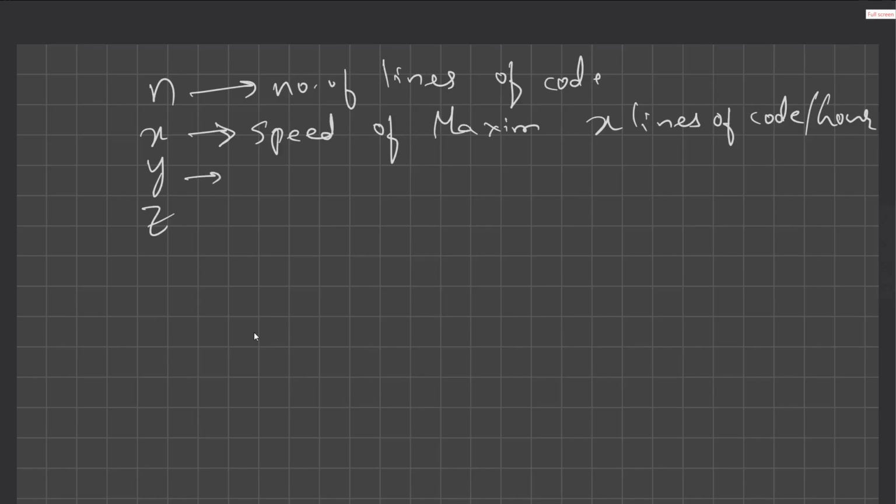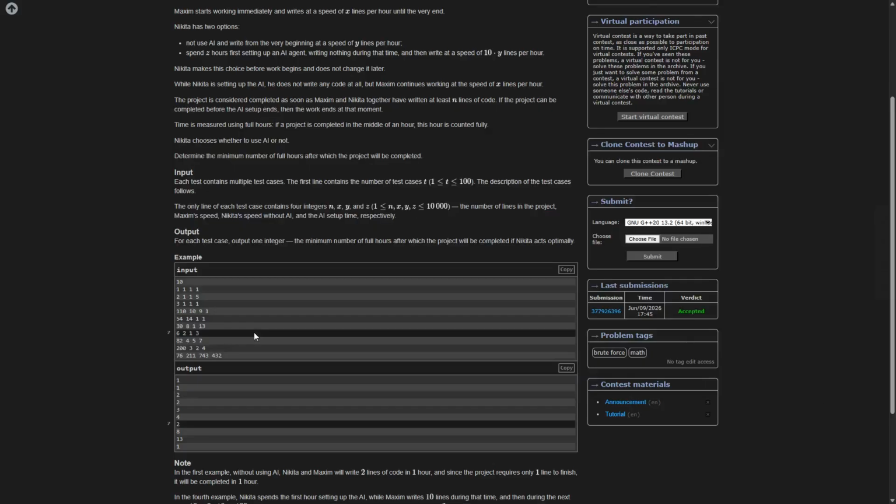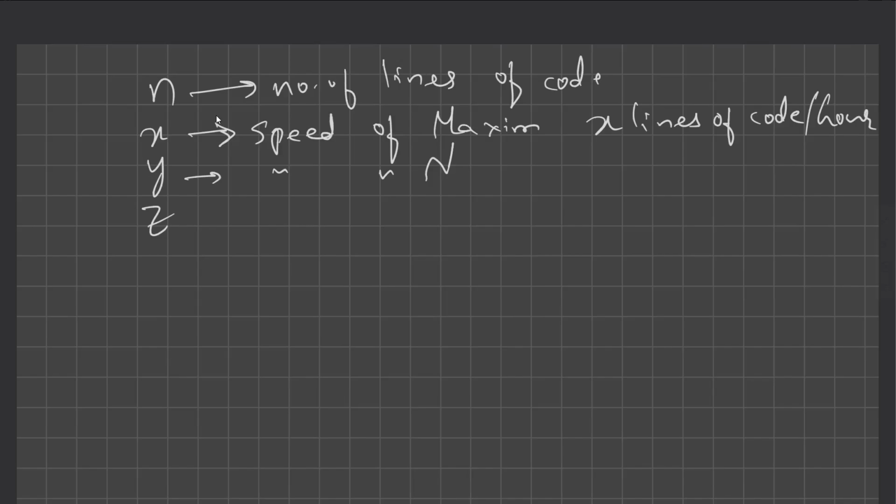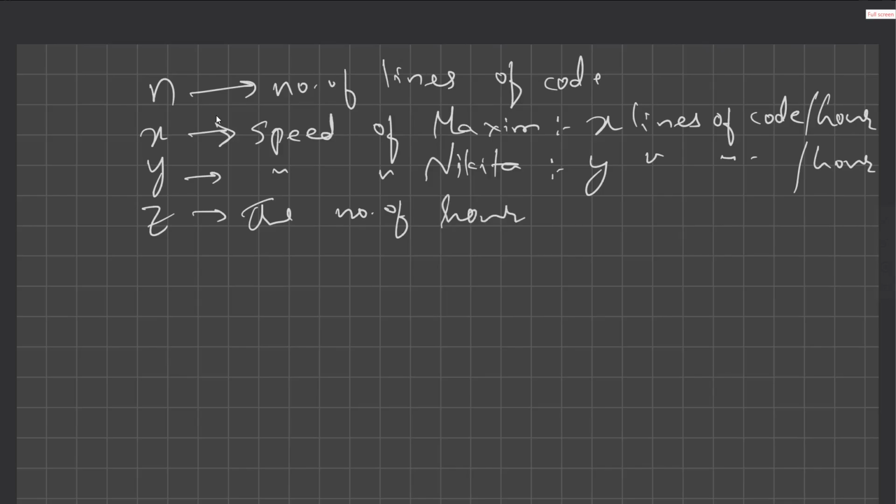Now what is y? Similarly, it is the speed of Nikita, y lines of code per hour. Now what is z? z is basically the number of hours for setting up the AI agent.